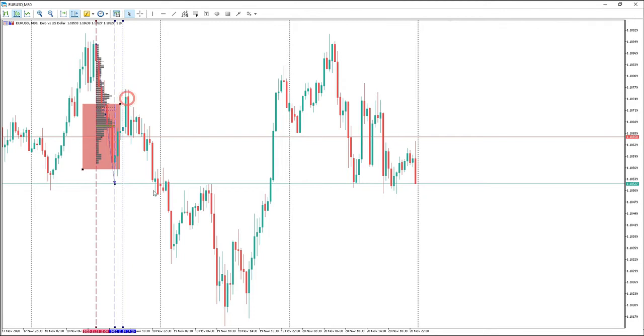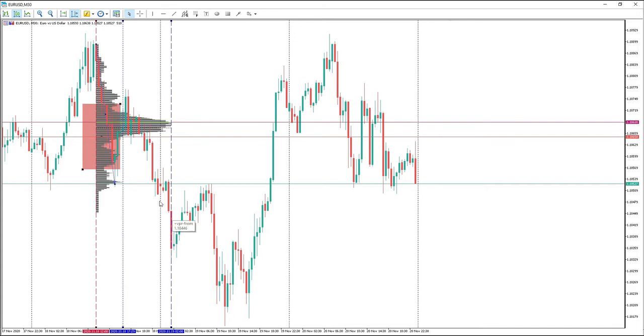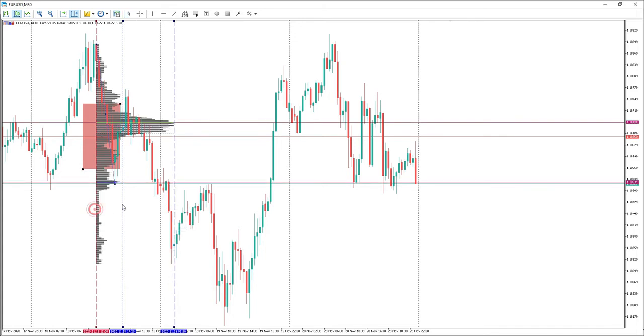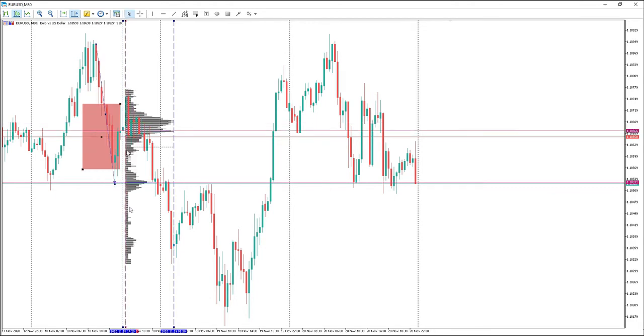Let's look at this downtrend, right? This downtrend from there to there, and our first 3 candles we don't trade. 1, 2, 3, right?